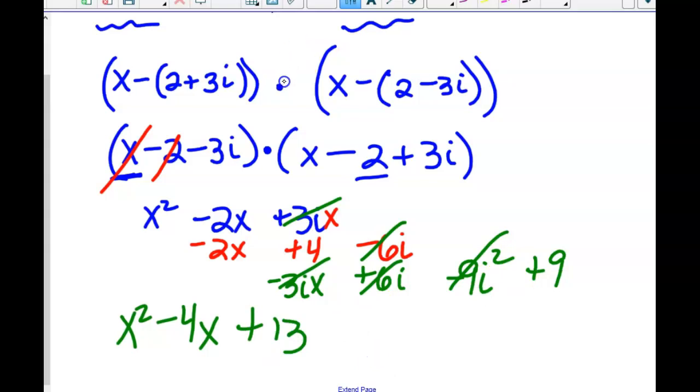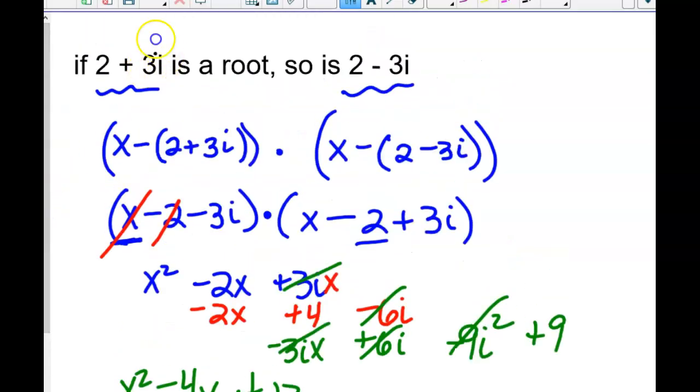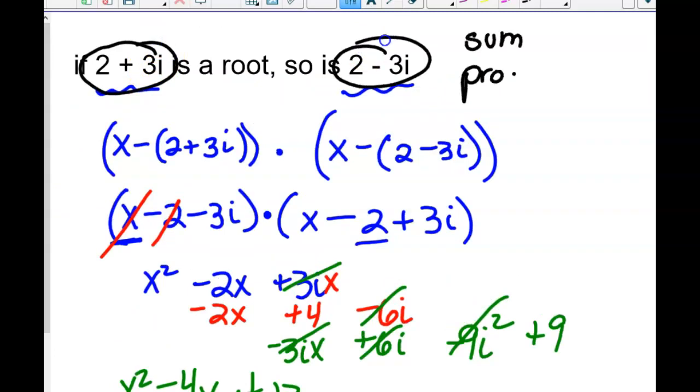Well, what is the shortcut again? If I go back to the top, what do we do with these to find the shortcut? The sum and, okay, what is the sum? 2 plus 3i plus 2 minus 3i. Okay, the product is a little bit trickier, but 2 times 2 is 4, plus 6i, and minus 6i will cancel each other out.